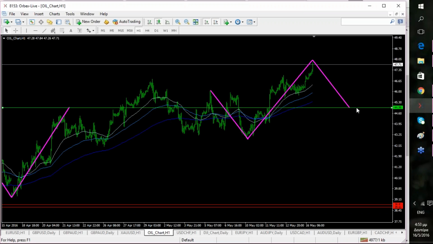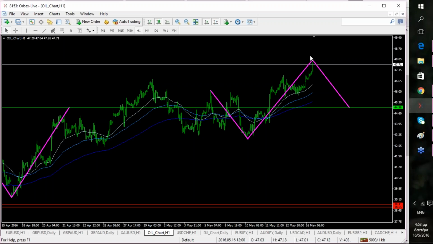Now it's at 47. But again, that fall may not be a straight-line fall. It may be an A, B, C, D move from this top here, because now this is my ABCD for a Z-like pattern.